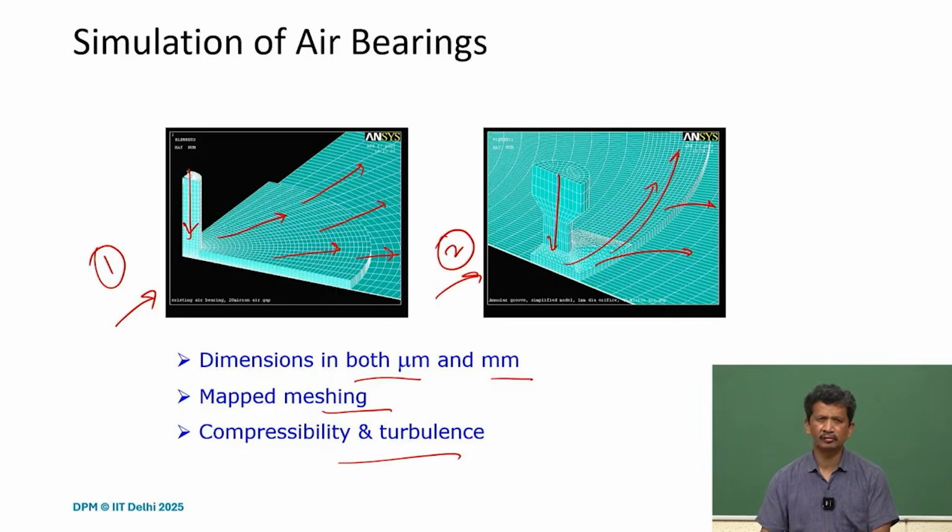Of course, it has to be also compared with the experimental results. But the good thing is, even before we start making these air bearings or air pads, this can be well designed using CAD, and then we can use these CFD packages to do the analysis.